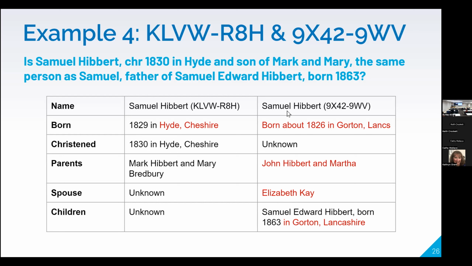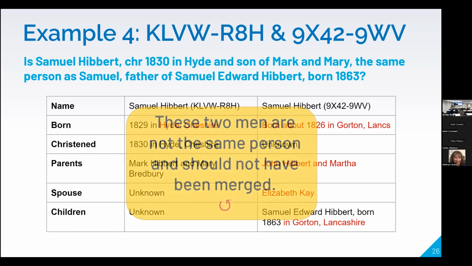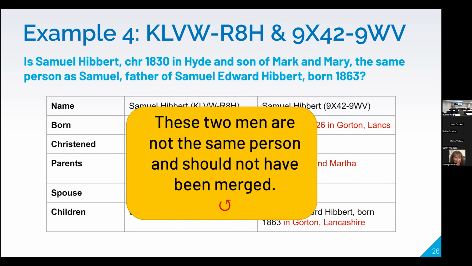And so, as I used that information to follow this guy backward in the census, I discovered that he was born in 26 in Gorton, and his parents were not Mark and Mary, they were John and Martha. So these guys were totally two different people, and they should not have been merged.